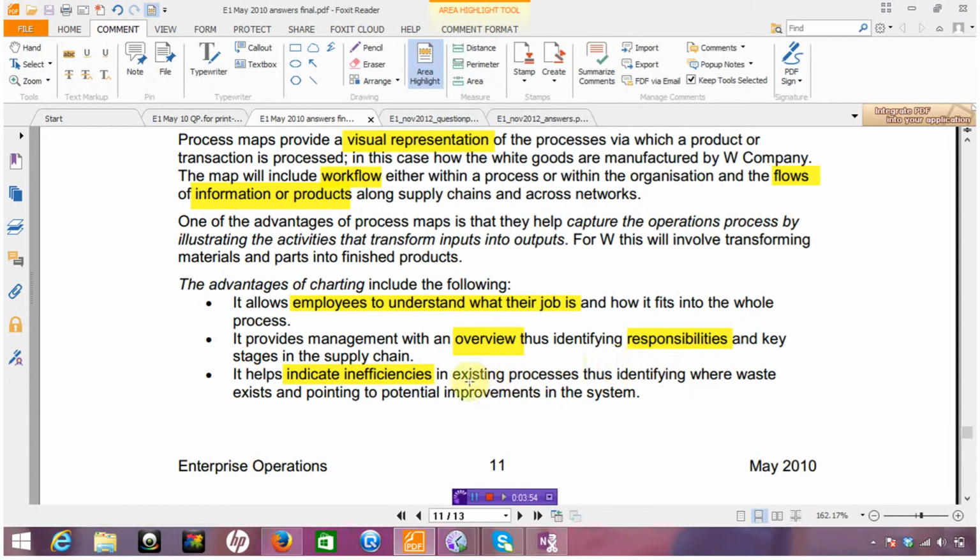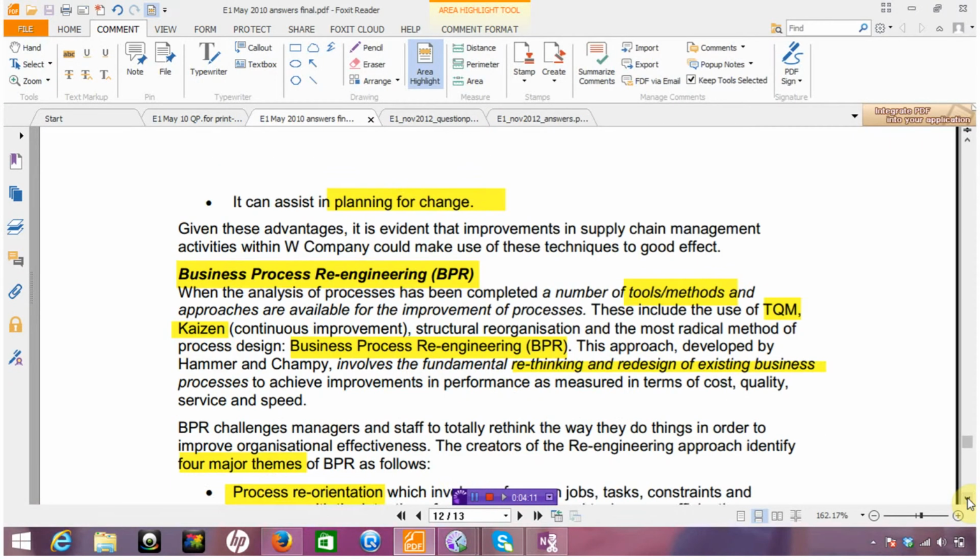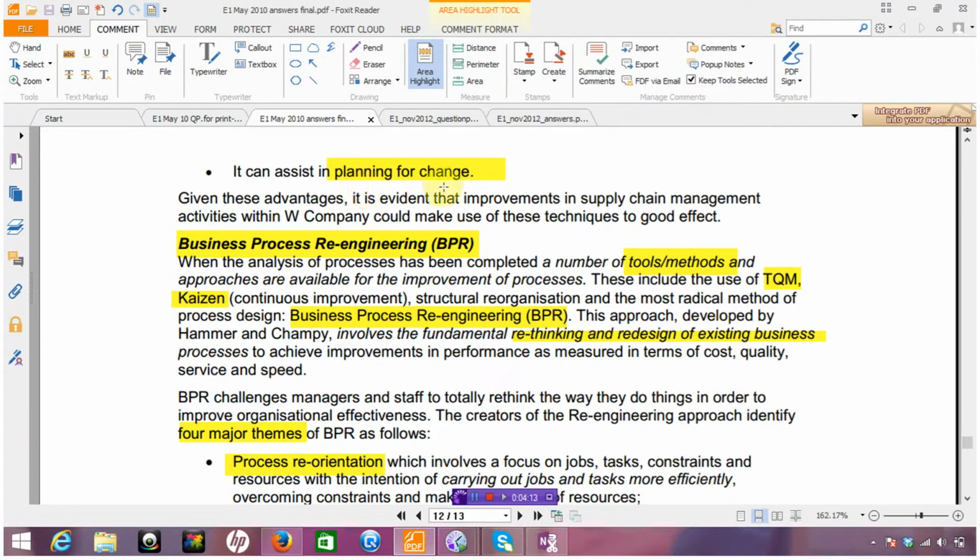It would certainly help to identify inefficiencies. Obviously, they've got cost issues, so there must be some inefficiencies vis-a-vis their competitors, and those will probably be in the form of waste of some kind. Moving on from that, it can certainly assist in planning for change.